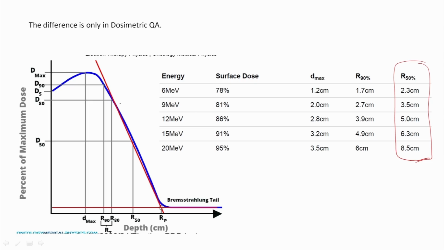This is the depth dose curve for an electron beam, and this is the D50 value, and here are Rp, R50, R80, R90. These are the parameters which are defined for an electron beam, and here you can see the Dmax values for different electron energies and R90% values.